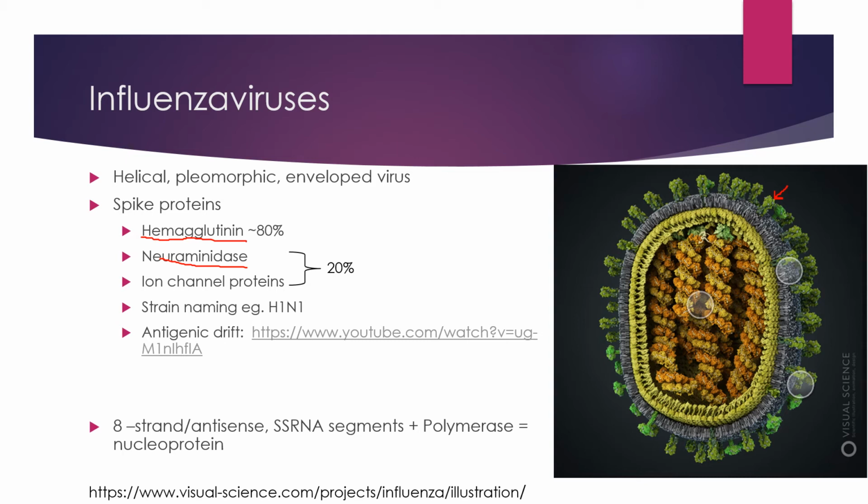We'll address why in the next video. Hemagglutinin and neuraminidase are antigens and are sometimes called HA and NA. When influenza A viruses are given names like H1N1 and H2N3, these numbers refer to which subtype of hemagglutinin and neuraminidase the virus has. These two proteins are also why you need to get a new flu shot every year.